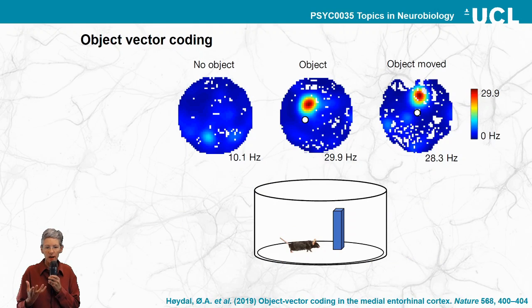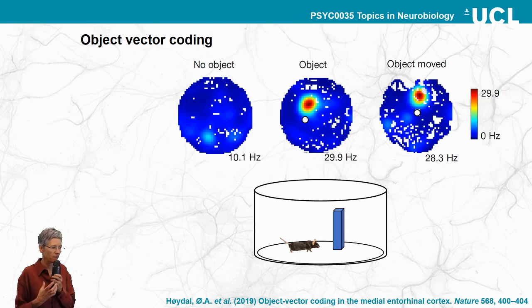Now, some other types of neurons have also been found that seem to suggest that this system is collecting information from a variety of different spatially relevant sources, and landmarks and objects, as we've seen, are one type of spatially relevant source of information.